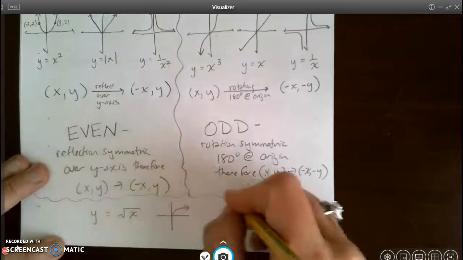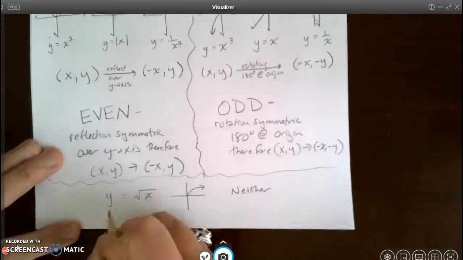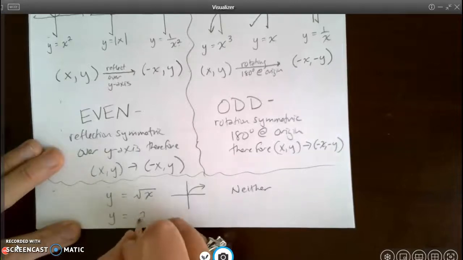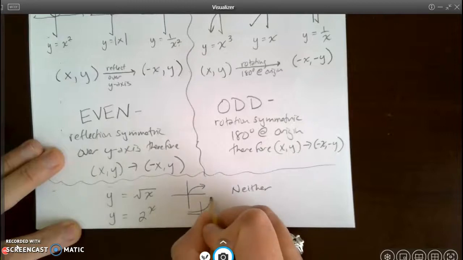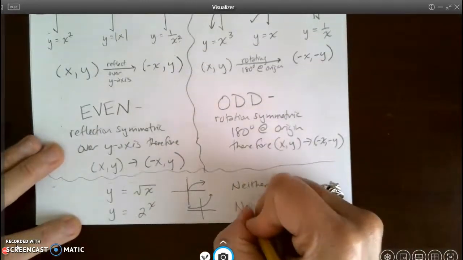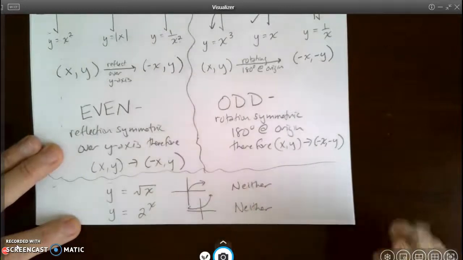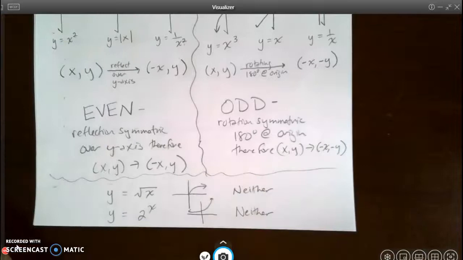So we are going to say that this is neither. Same thing with my exponential graph, y equals 2 to the x. When I have that exponential curve, it is also going to be neither. So every graph is not even or odd. There are some graphs that are classified as neither.